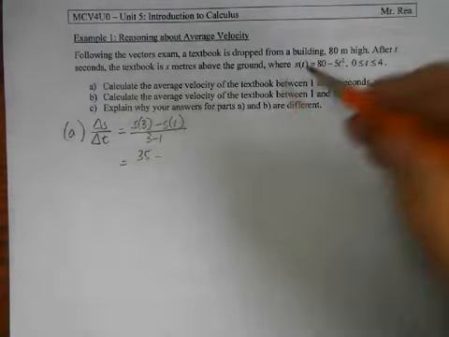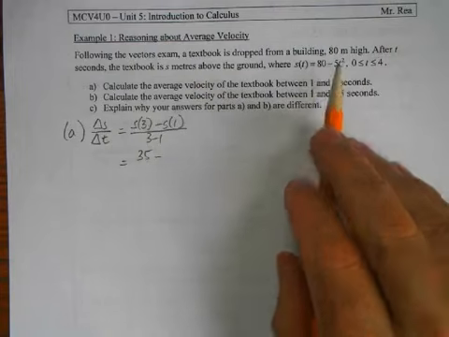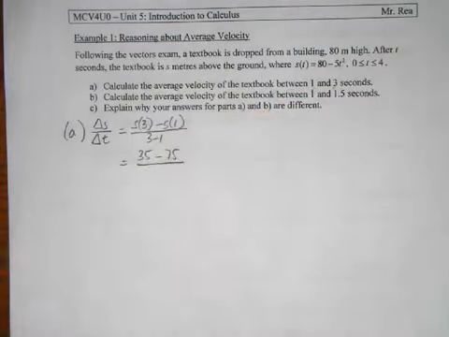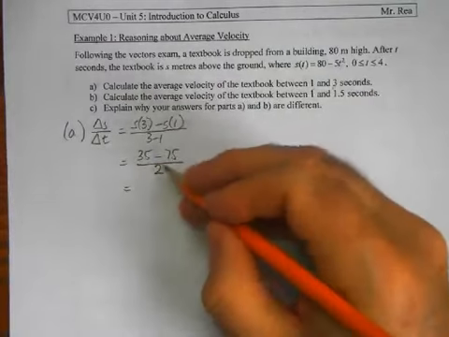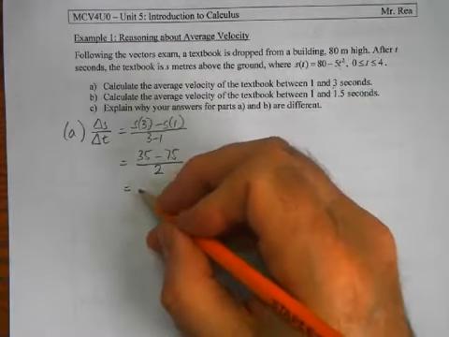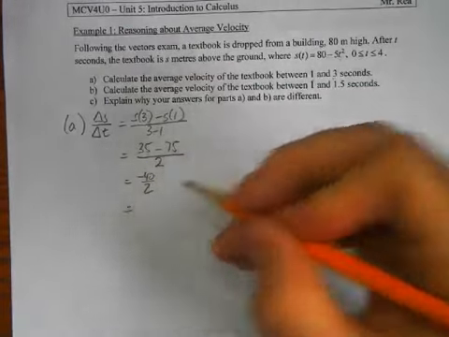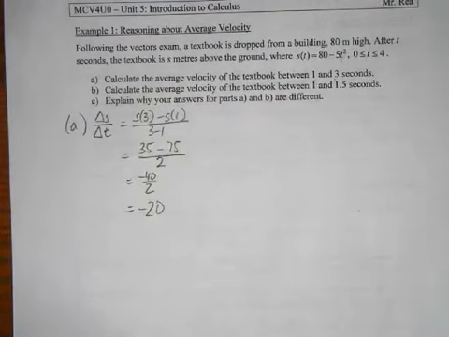Then we subtract the position at 1 second, so that's just 80 minus 5, which is 75. And the time that elapsed was 2 seconds. So we subtract that, we get minus 40 over 2, and that's going to be minus 20. And we can put the units in here.